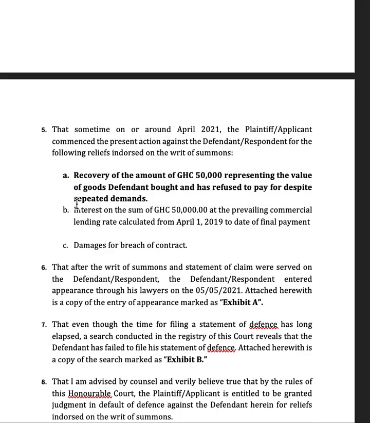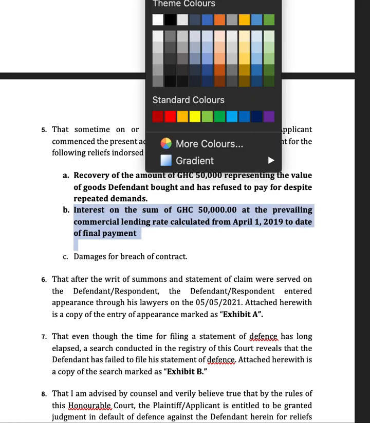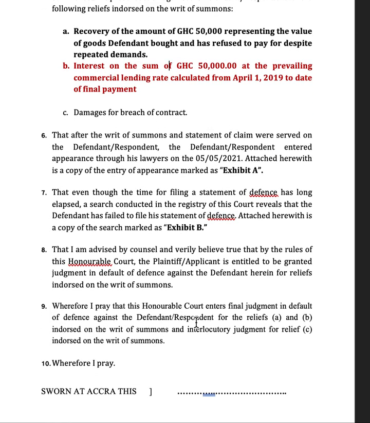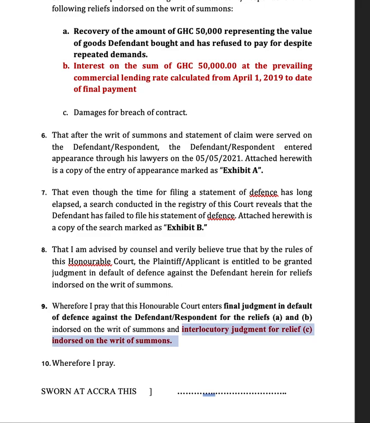This relief A is a liquidated claim. Relief B is also a liquidated claim. So we are saying that we are applying for final judgment for the reliefs A and B, and then interlocutory for relief C endorsed on the writ of summons.